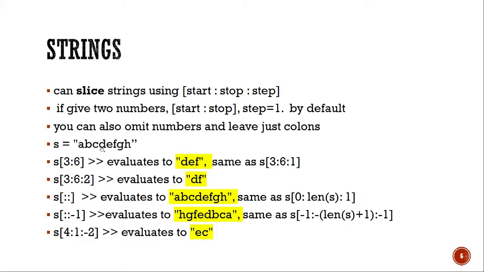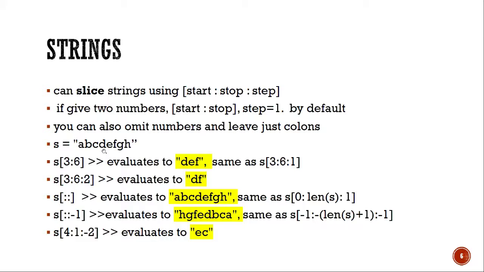So in this case, if we have the string variable s defined as such, starting with index 3, we count 0, 1, 2, 3. So we're starting at D, and we're stopping at 6 - 1, because we always stop at the value less than that.